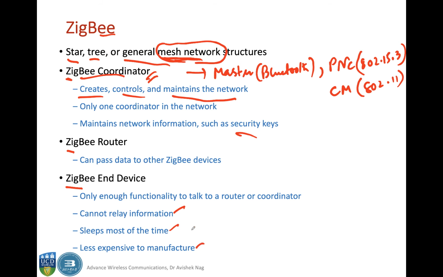Okay, so all the main functionalities are performed by the other two types of devices. The end devices are very low complexity, low power, and only have basic functionalities like talking to a router or a coordinator.